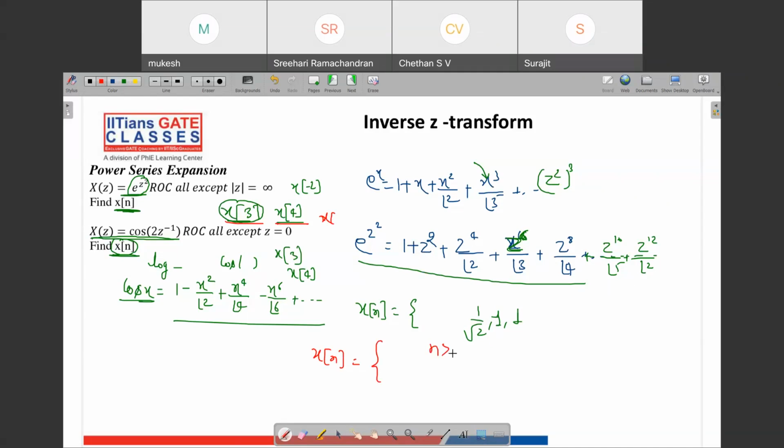For n greater than 0, it will be equal to 0, and for n less than 0 and odd, again it will be 0, and for n less than 0 but even, it will be given as something like this. So you can write it like 1 by factorial mod of n by 2.